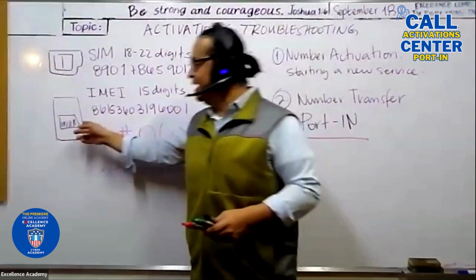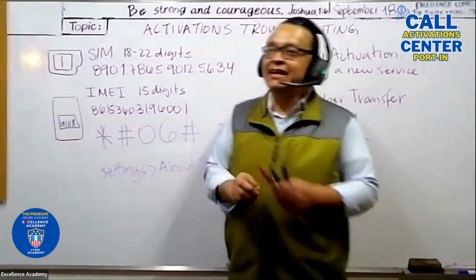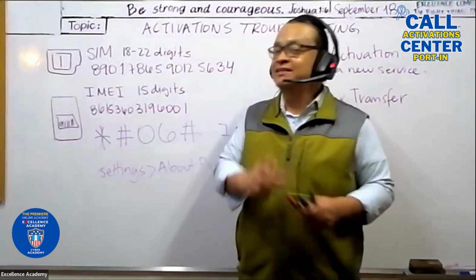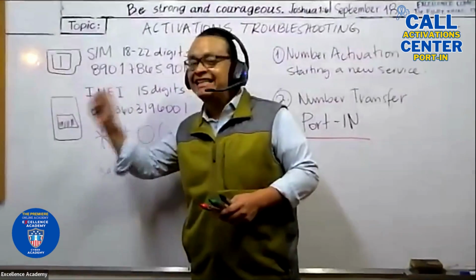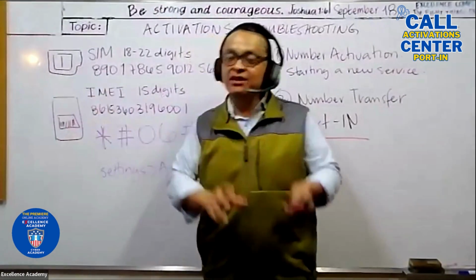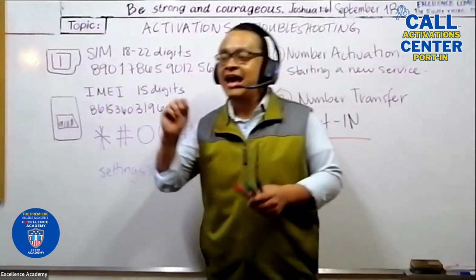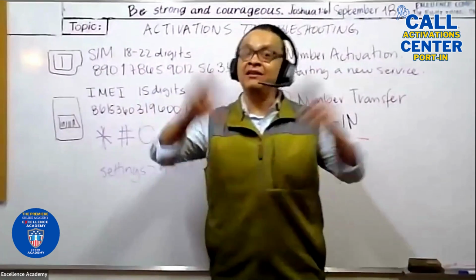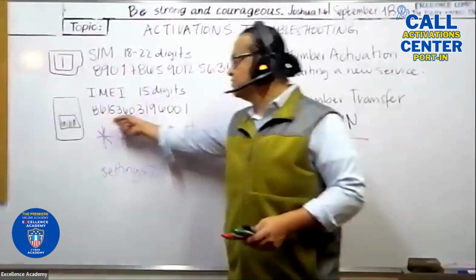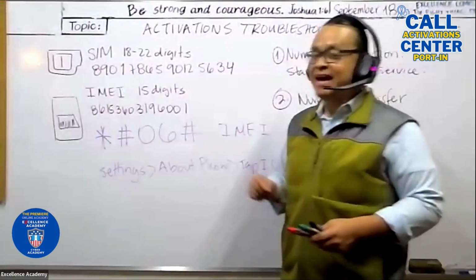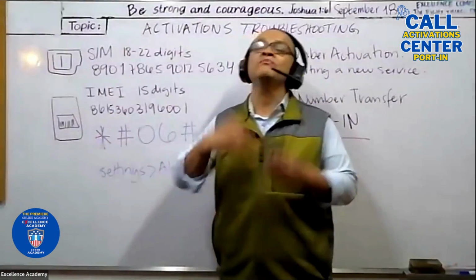It's, let's say, the cell phone's DNA, or the cell phone's unique identification number. Every cell phone has this unique number, which identifies it as a particular phone in the world. Cell phones are issued a unique IMEI number, which serves many purposes.